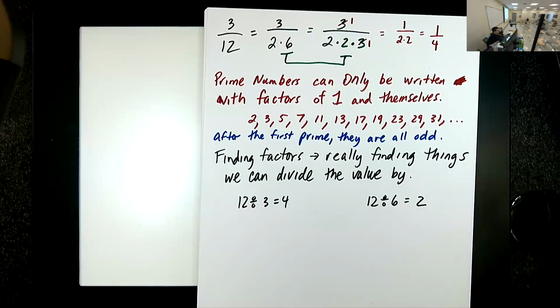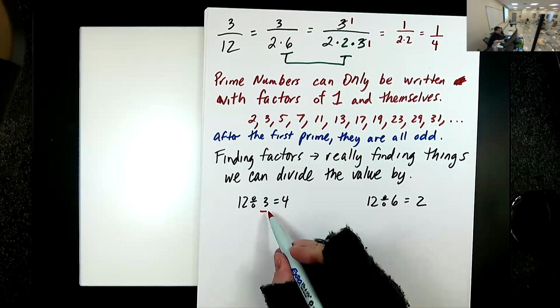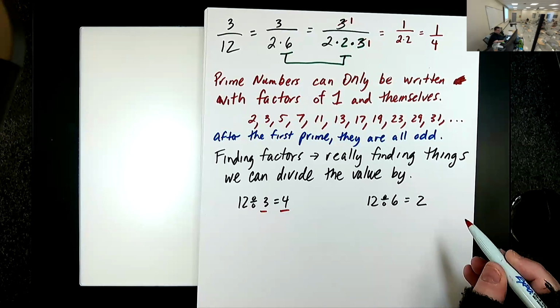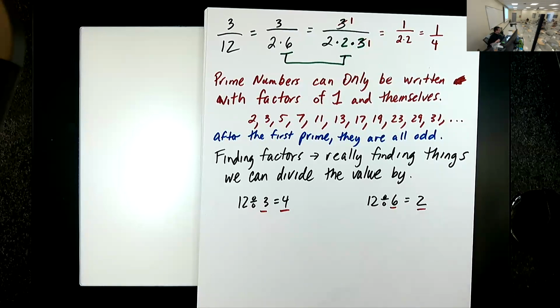When you do the division, these two end up as factors written that way, and the 6 and the 2 end up as factors written that way.